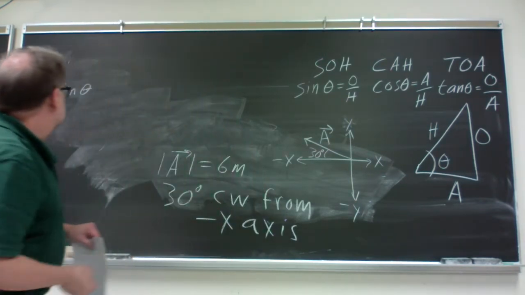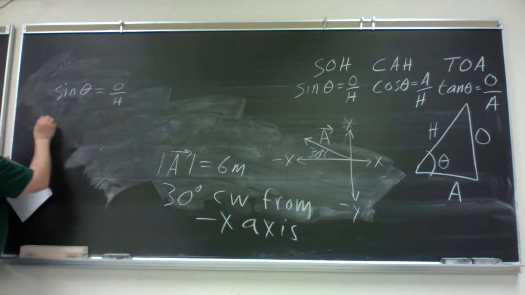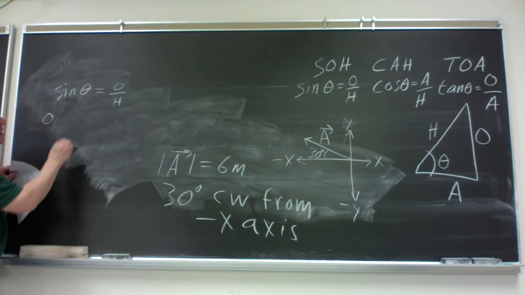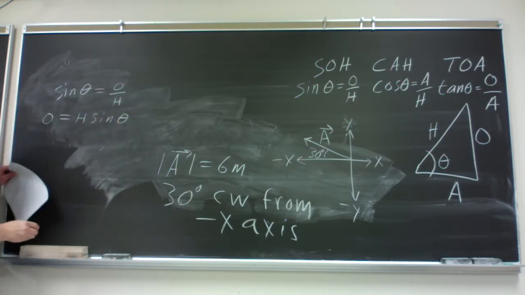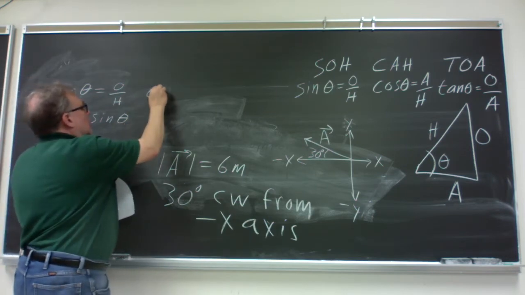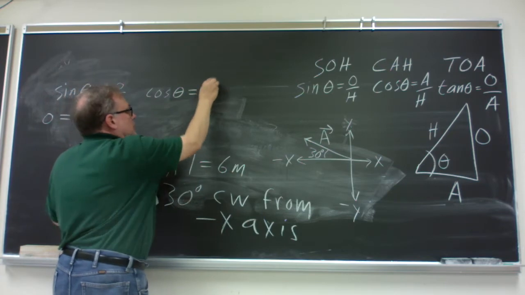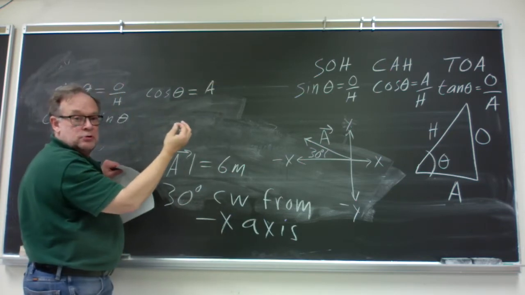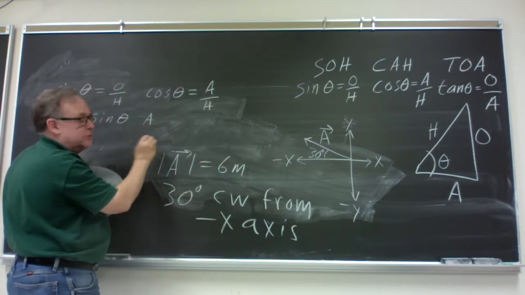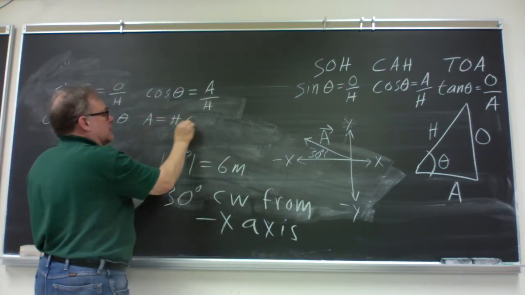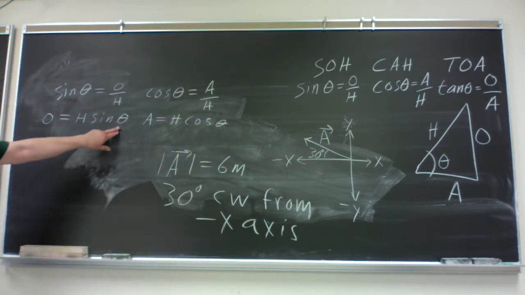Sine is equal to the opposite side divided by the hypotenuse, or the length of the opposite side is just equal to hypotenuse times sine. And then similarly, cosine of some angle, we'll use 30 degrees, is equal to the length of the side that's adjacent to that 30-degree angle divided by hypotenuse, or the length of the adjacent side equals the length of the hypotenuse times cosine.